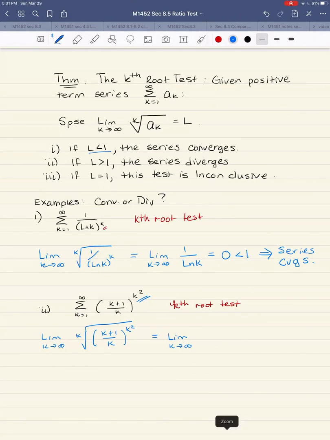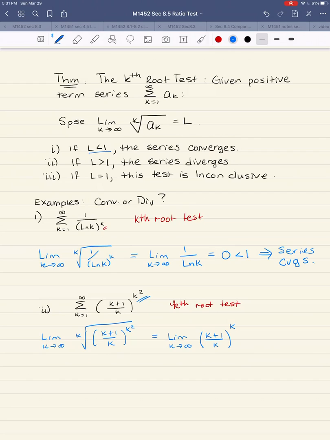Do you know what the kth root of that quantity to the k squared is? A kth root is a 1 over k power, and when you raise a power to a power, you multiply exponents. So k squared times 1 over k leaves me a k here.